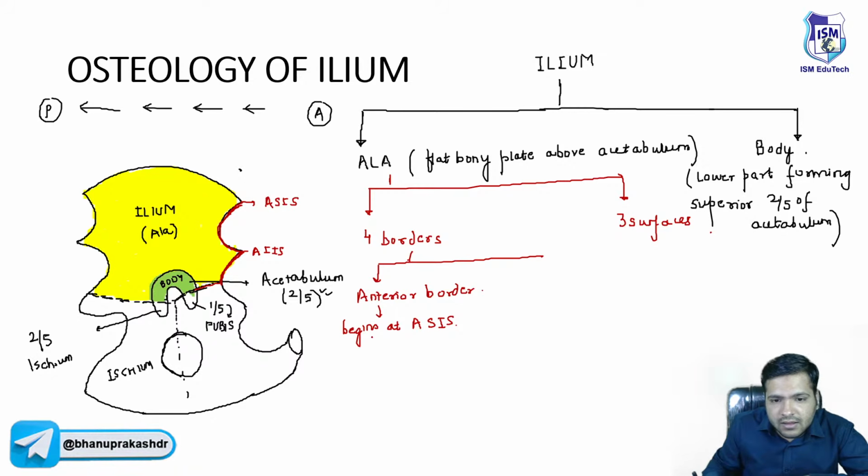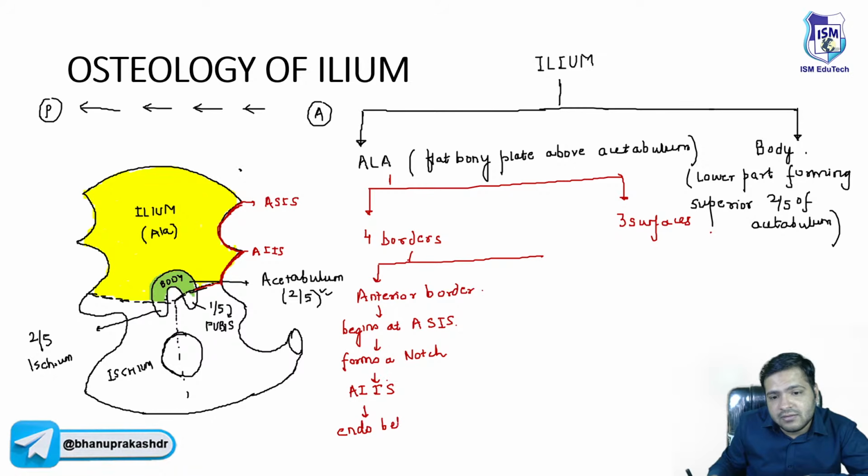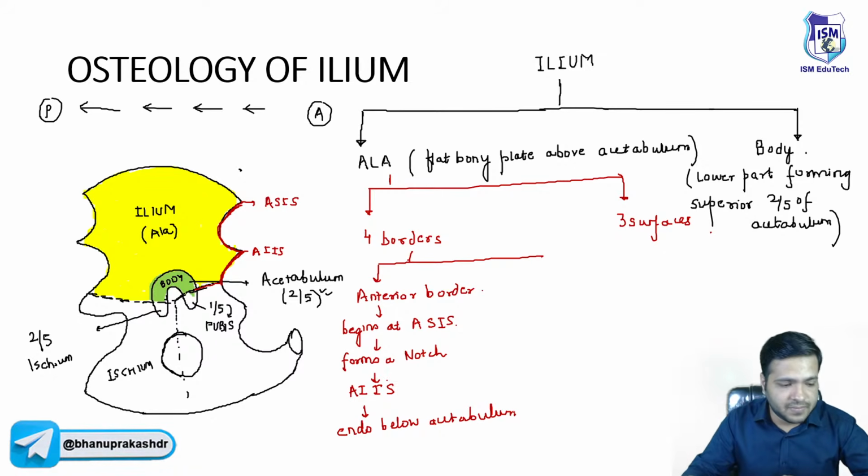Okay, it forms a notch, then there will be anterior inferior, inferior मतलब नीचे की तरफ हो गया, आगे की तरफ ये iliac spine and then it will end below acetabulum. एंटीरियर बॉर्डर क्लियर है सब लोगों को? आई होप द एंटीरियर बॉर्डर इज क्लियर.